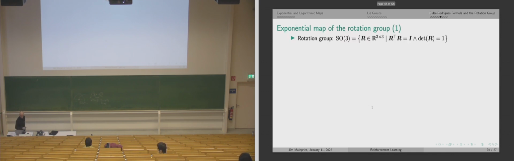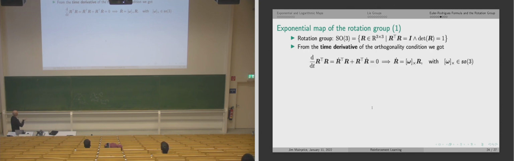Okay, so to finish, the rotation group is like that, and how can we derive the exponential map? Same thing, we take the time derivative of the orthogonal condition, and remember that we get this ODE here.